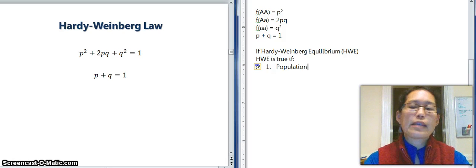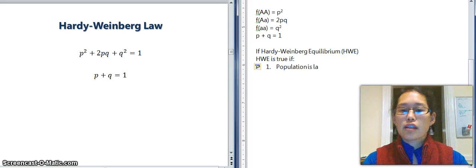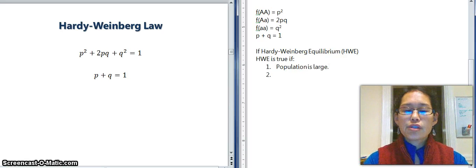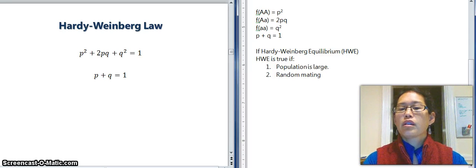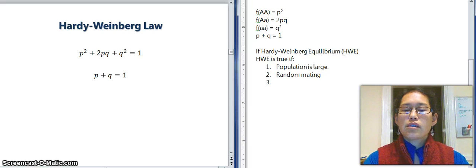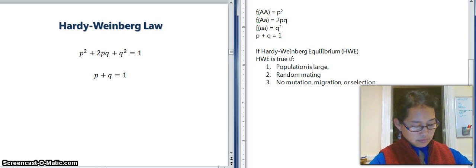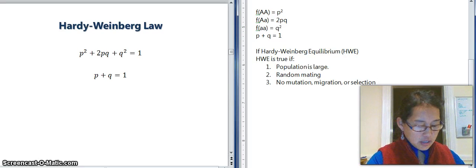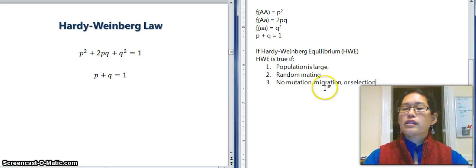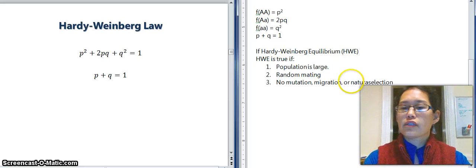We're just dealing with one population at a time. Second, there is random mating. And third, there is no mutation, migration, or selection. We'll call this natural selection just for funsies.